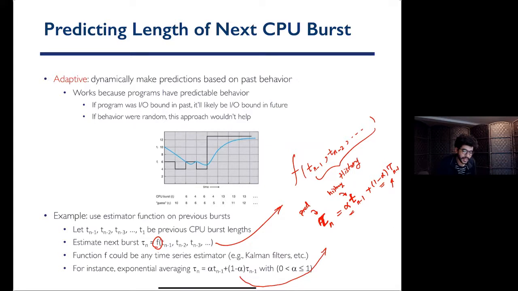Now, if alpha is 1, then you're just ignoring your previous prediction and you're saying my prediction this time is whatever happened last time. So if last time it took 1 second, my prediction for this time is also 1 second.